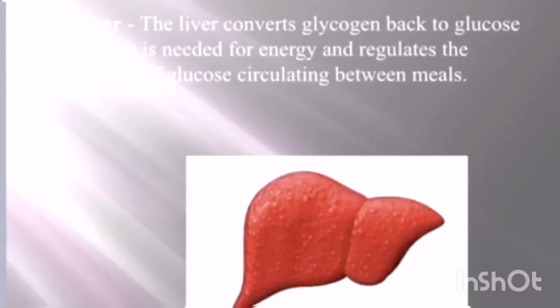The amount of glucose being used is matched to the amount of glucose released by the liver. That's why blood sugar levels should remain constant, with no big changes, because that is the main function of glycogen: to maintain a physiological blood glucose concentration.